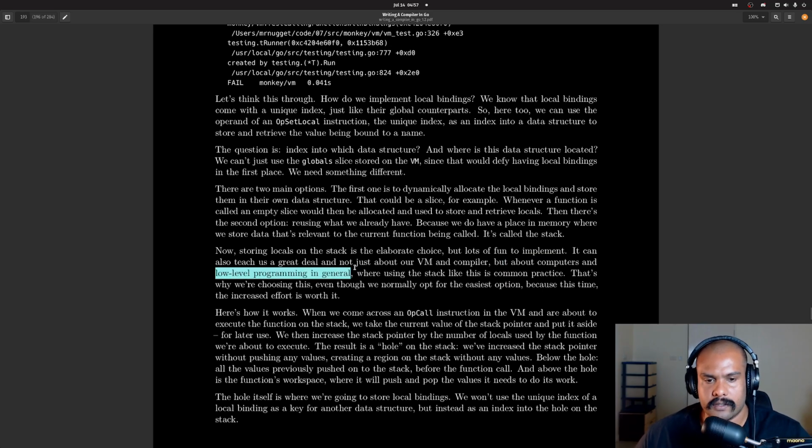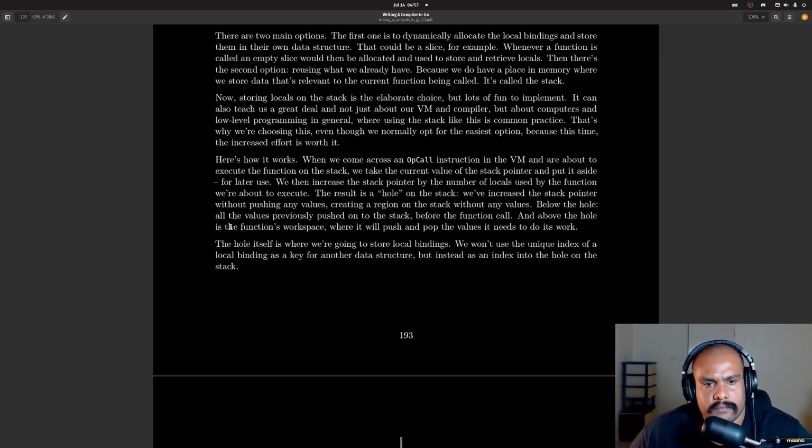I like the sound of that. Using the stack like this is common practice. That's why we're choosing this, even though we normally opt for the easiest option, because this time the increased effort is worth it.